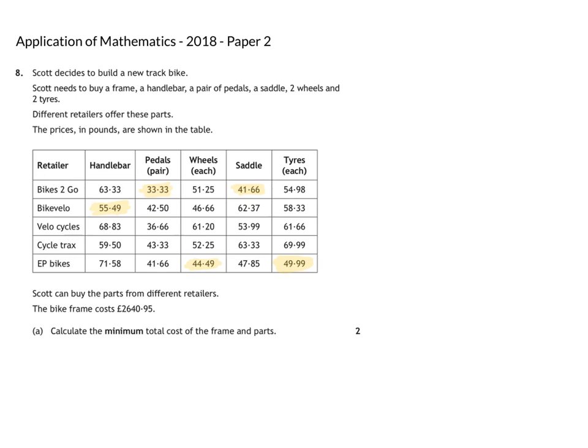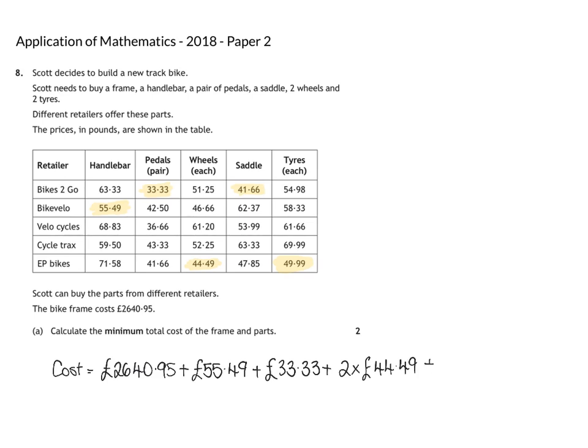Right, so let's work out the cost of this bike for Scott. So the cost is going to be equal to our frame, £2,640.95. We have our handlebar, which is £55.49. We've got our pedals that come in a pair, which is £33.33. And then we've got our wheels, so we need two lots of £44.49.